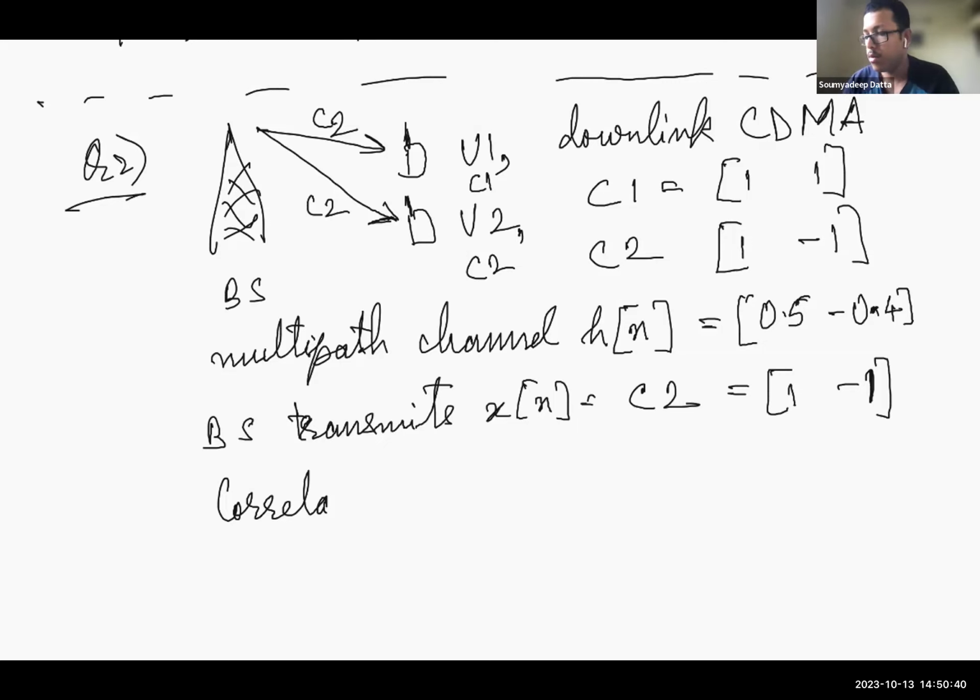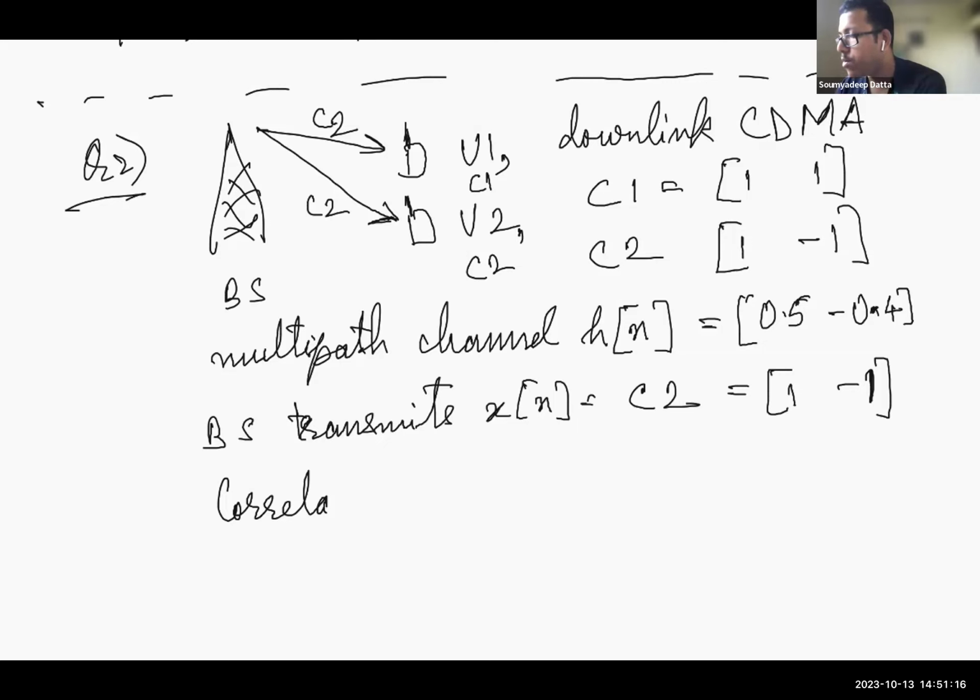So what will happen here now? For user one, correlation is y times C1 transpose.